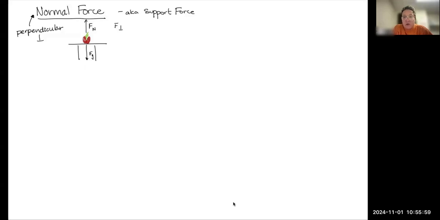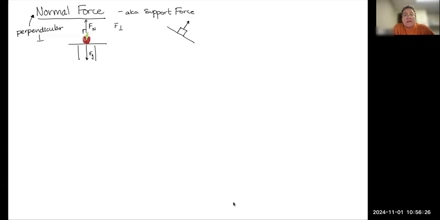And that force of those chemical bonds pushing up is called the normal force. Normal, by the way, because it is always perpendicular to the surface. Not this year, but if you're in AP Physics at any point, we'll look at things like a box on a ramp. And in this case, the normal force is still perpendicular to the surface.